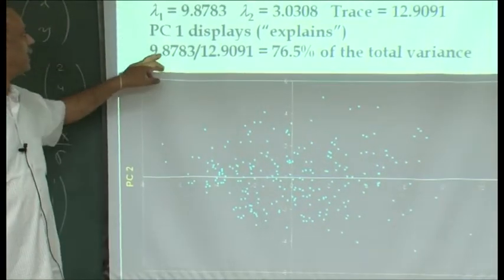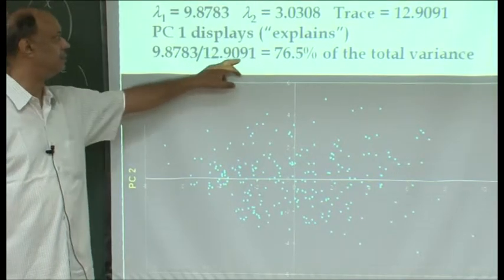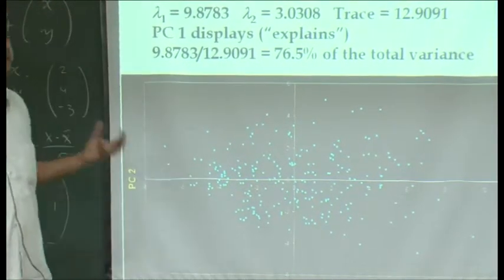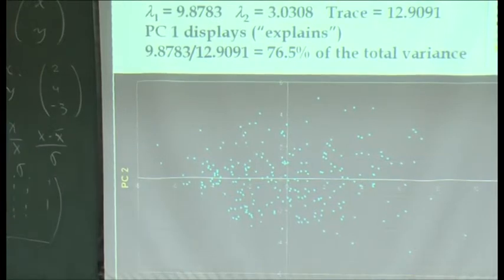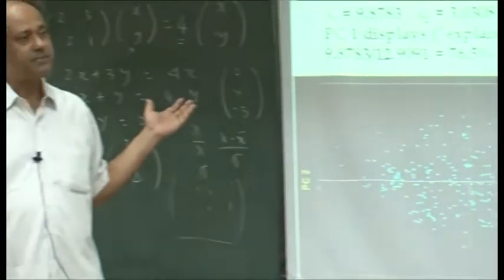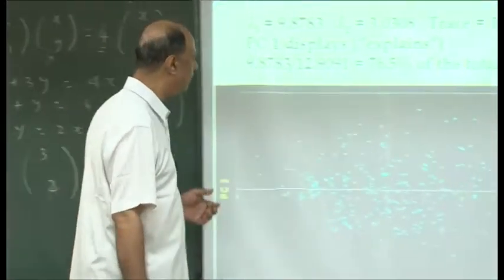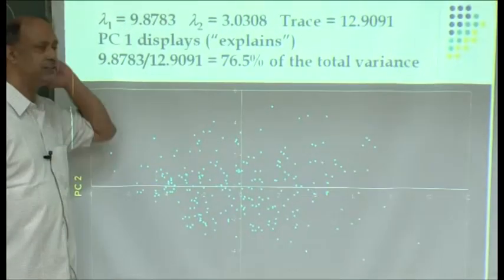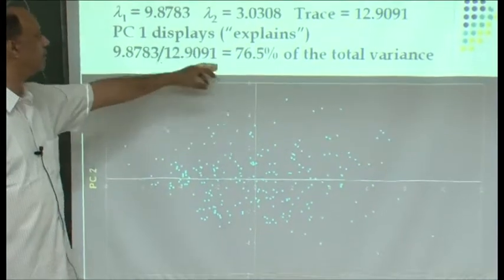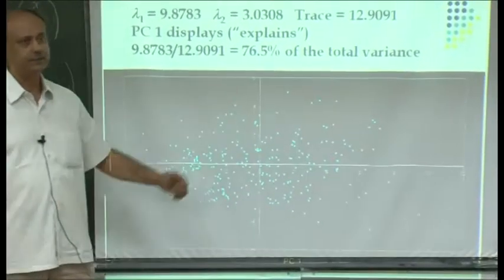That means that 9.8783 divided by 12 is 76.5%, so 76.5% of the information is being carried with respect to the first principal component. Now, if I consider the second principal component here, since you have two principal components, the second will be the remaining part.